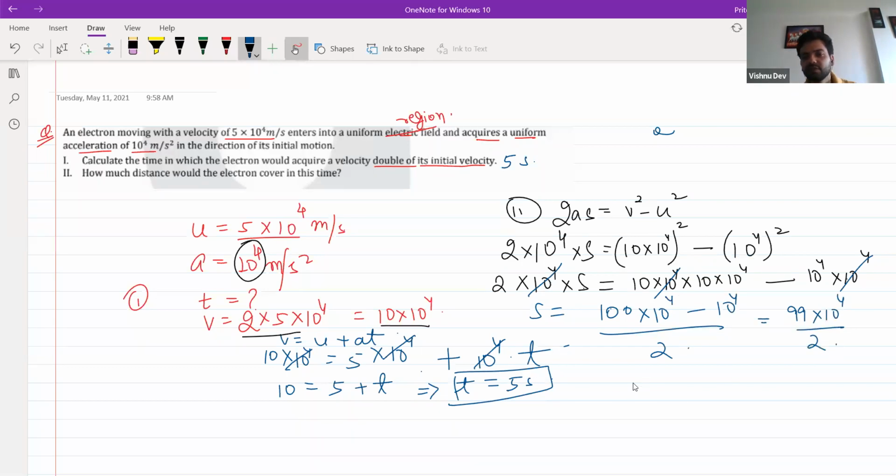Solving this, you all can multiply this one. What answer will we get here? 99 by 2, 44.5. How much distance are we getting?